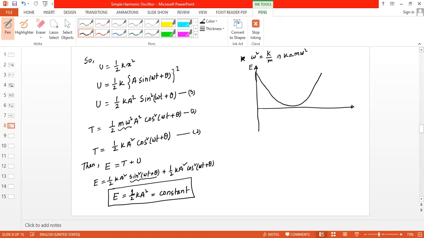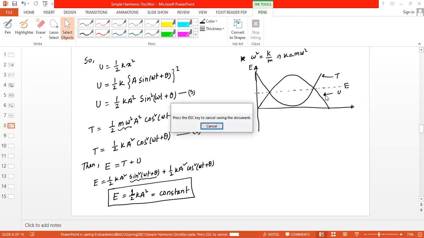This should be the kinetic energy, which goes as cos square, and this should be the potential energy. And my total energy is this. This is how the energy varies during simple harmonic oscillation.